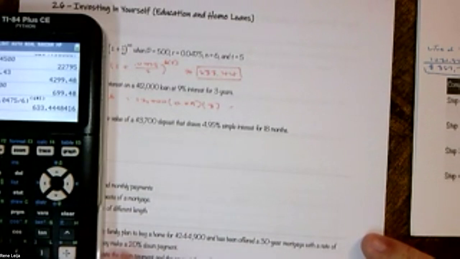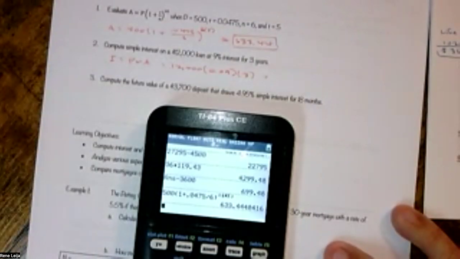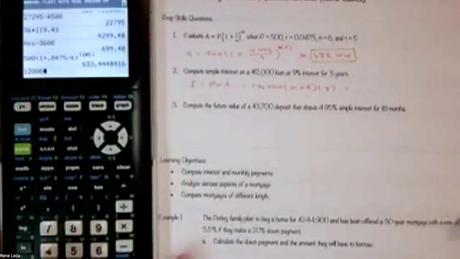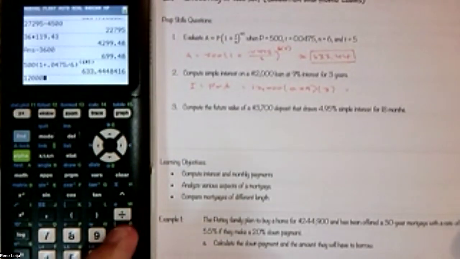Okay, so 12,000 times 0.09 times 3. So that gives us $3,240.